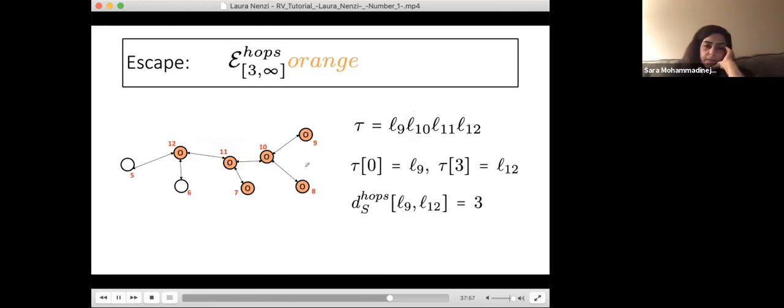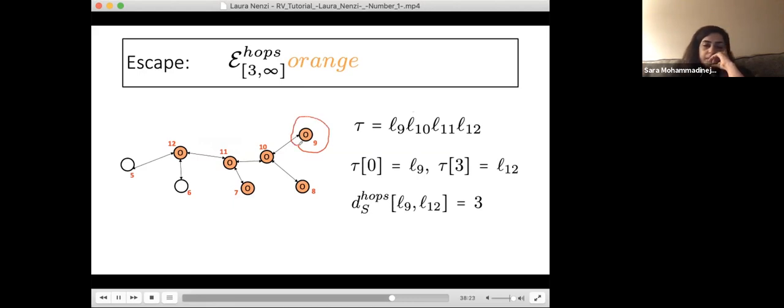So let's understand the operator better with an example. We consider the property escape, the orange property, at a distance more than 3, considering the hop distance function. So we can see, for example, that the location 9 satisfies the property, and we can see together why.